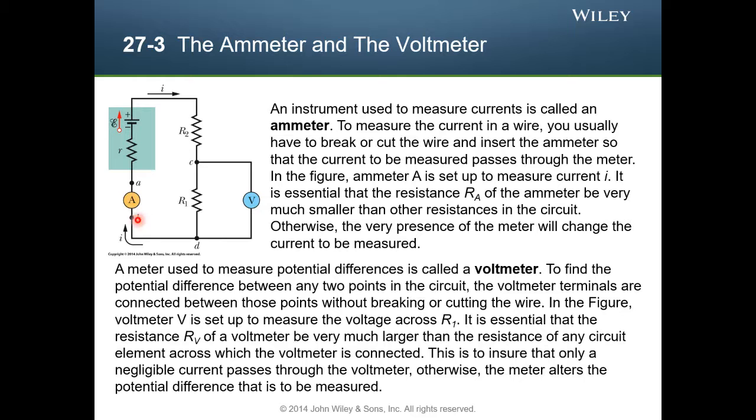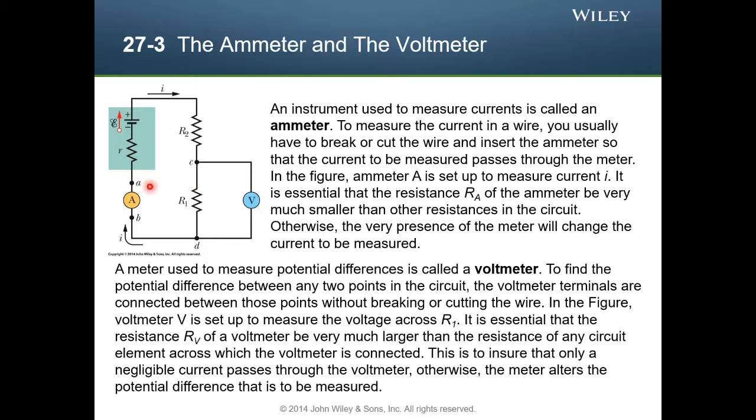For the ammeter, it is opposite. Originally, you don't have the ammeter. You want to know how much current is going through this resistor, so you put the ammeter in series with the resistor, so that you can measure this current.